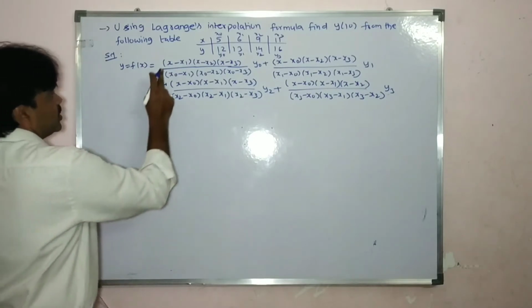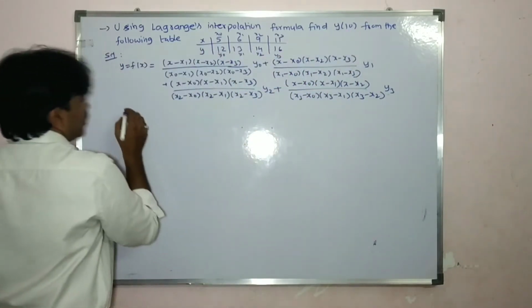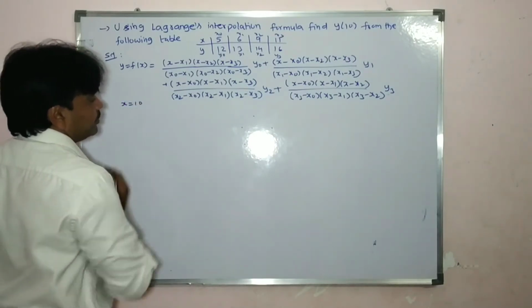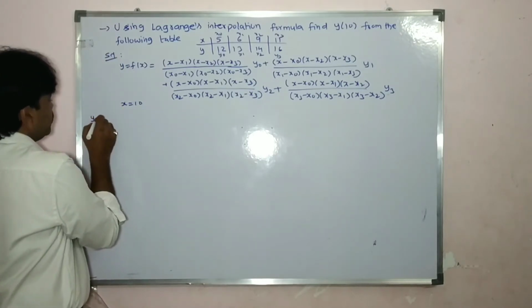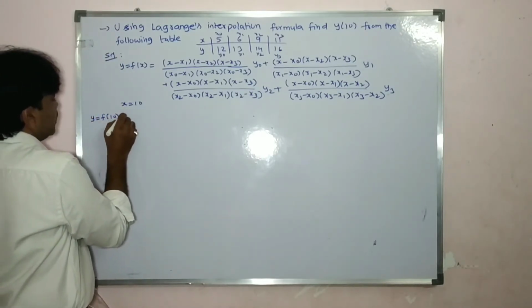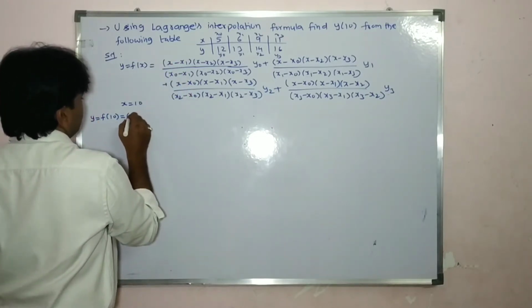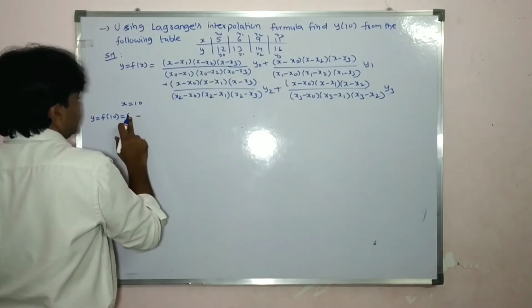Now what is x here, students? x is 10. So y is equal to f of 10, which is equal to (x minus x1)... What is x here? The x value is 10.